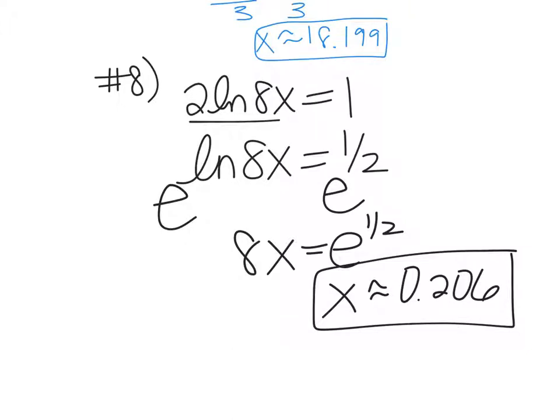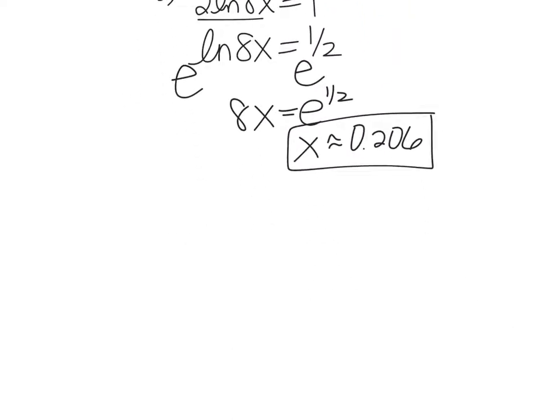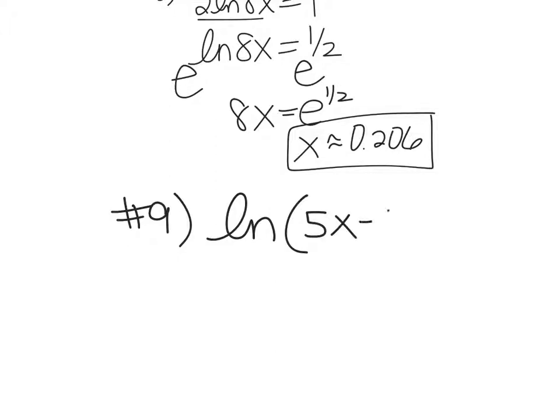Okay, let's do one more of these, and then we'll move on to the last part. Number 9. Let's solve this one. Natural log of 5x minus 1 equals 2. Now, am I allowed to add 1 to the other side? No. It's in parentheses.